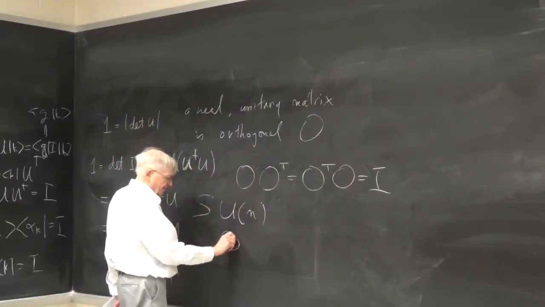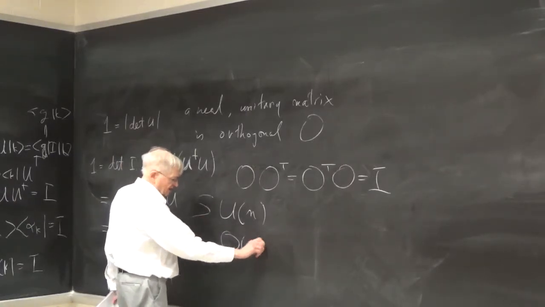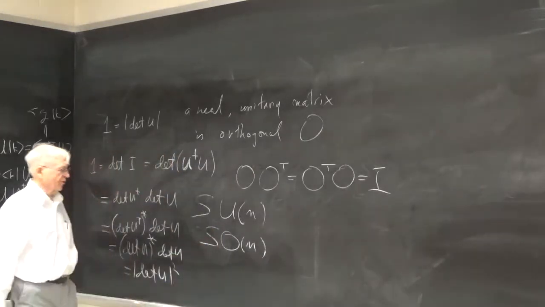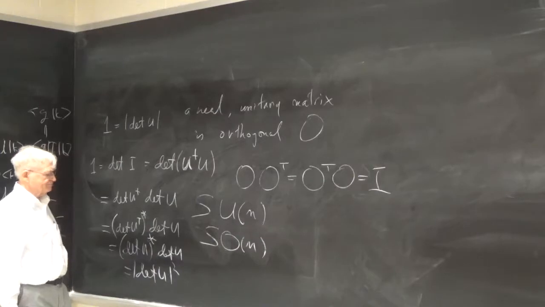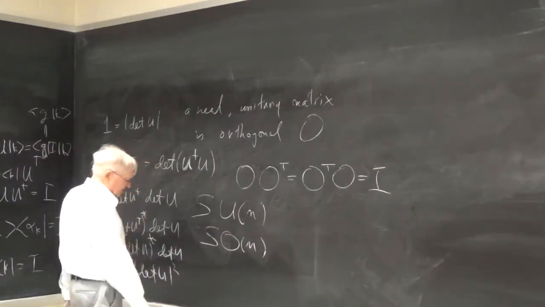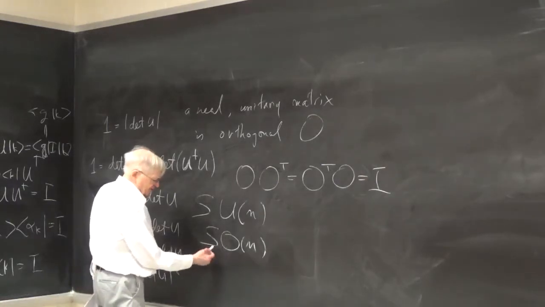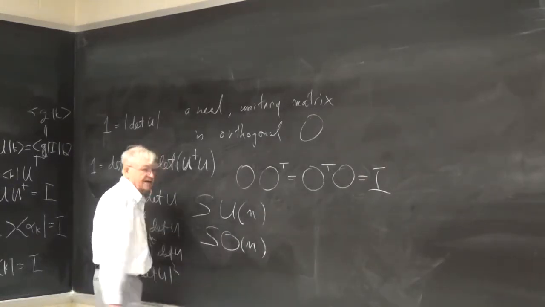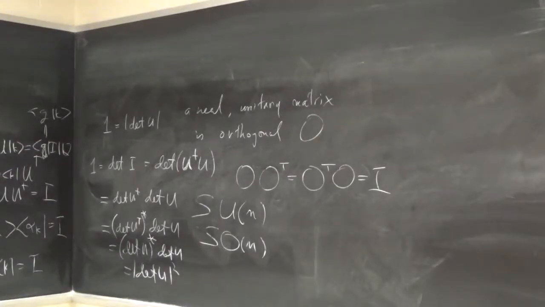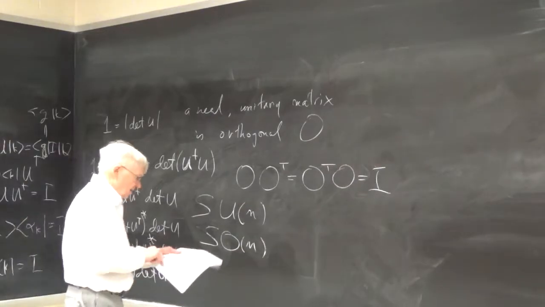Also, the orthogonal matrices form a group, and those with determinant 1 form a group. And the person who analyzed these first at the beginning of the last century distinguished between SO(N) and SO(N+1). It turns out that the ones of even and odd dimension are somewhat different.